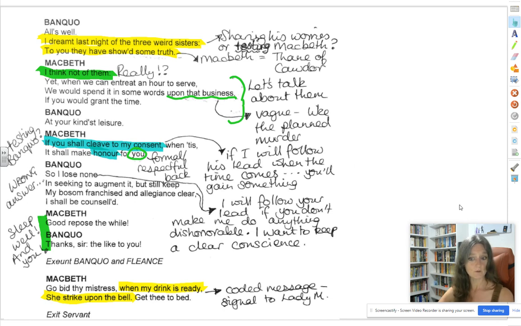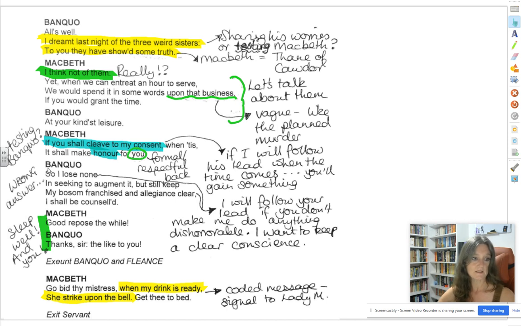Interestingly, in the real history of Macbeth, which is told by a historian called Holinshed, Banquo and Macbeth plotted to kill King Duncan together, and they were in it together. So you can imagine in the real story, this conversation would have gone very, very differently. But why did Shakespeare change Holinshed's true history?